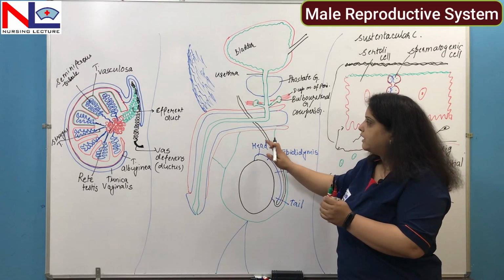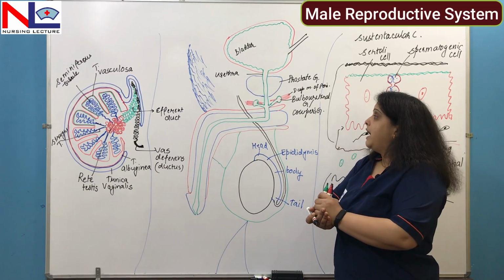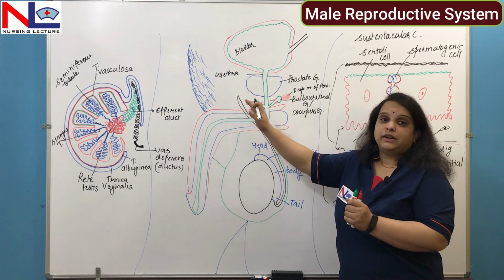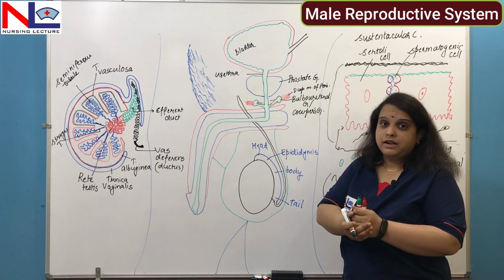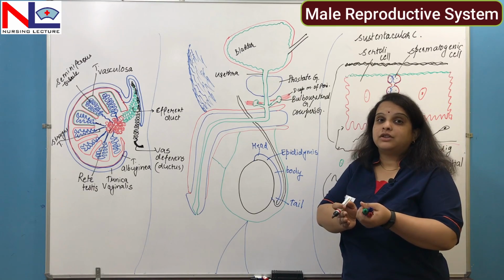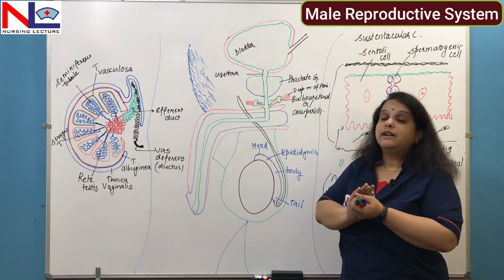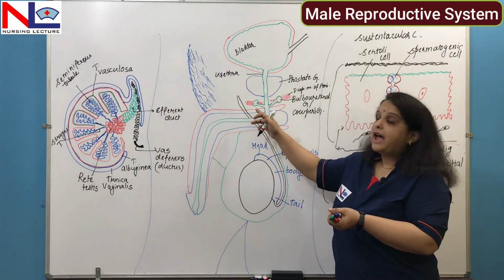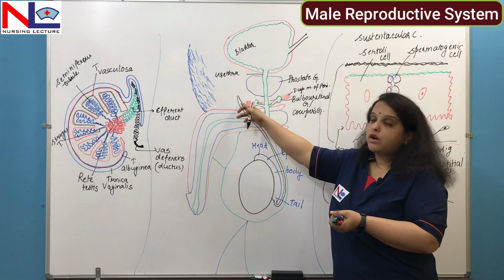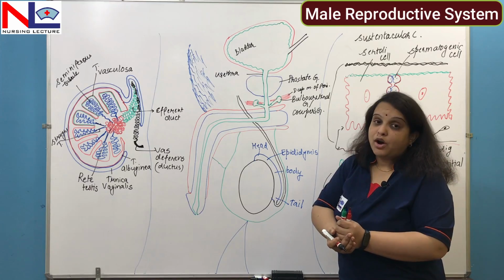These all run through the spermatic cord, and finally the spermatic cord moves into the inguinal canal. This is a canal-like structure that pierces the anterior abdominal wall, and it contains the spermatic cord, and along with that the vas deferens finally moves into the abdominal cavity.